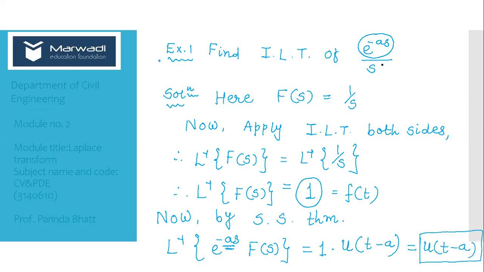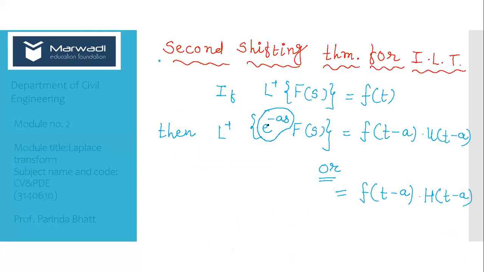I again repeat this question: find the inverse Laplace transform of e power minus as by s. How can we solve this question? First, you have to identify F(s), which is without this term. We again see the property one time: e raised to minus as F(s).